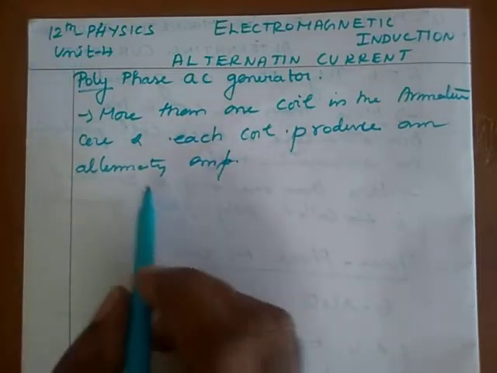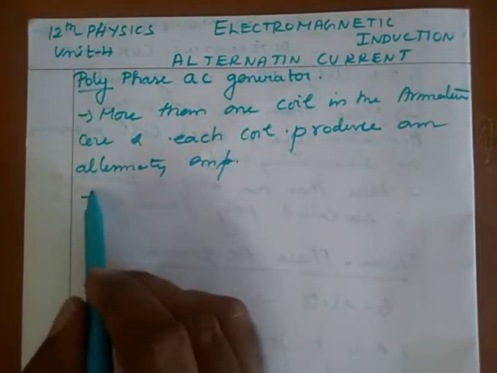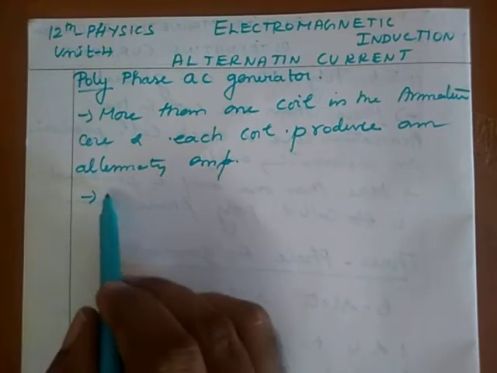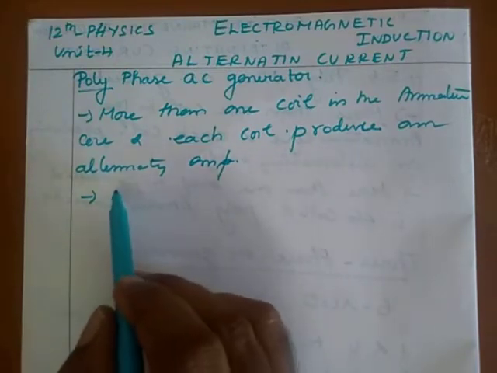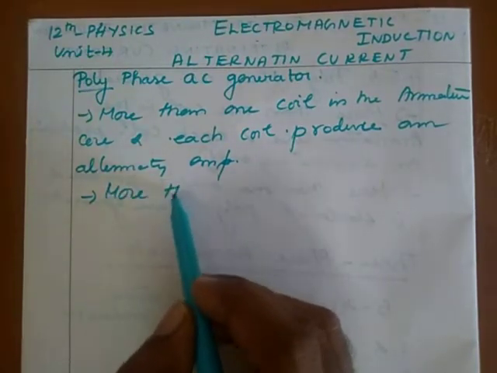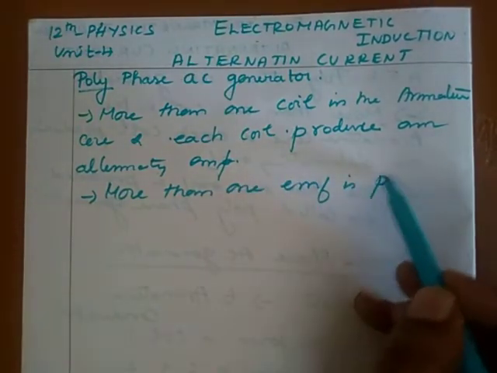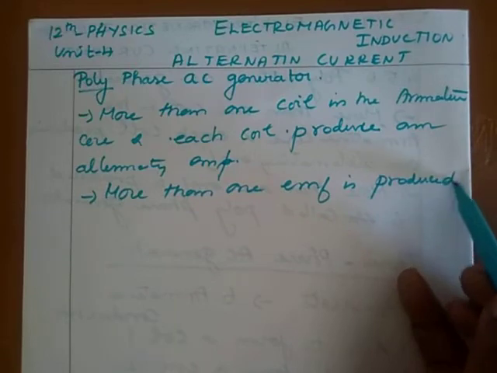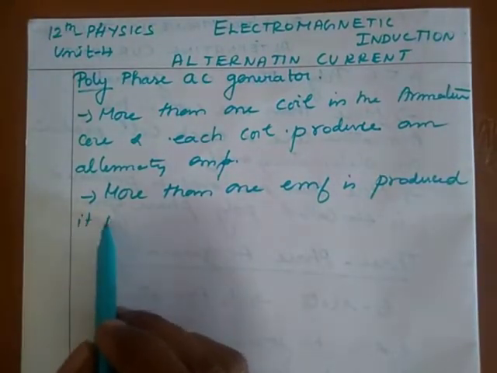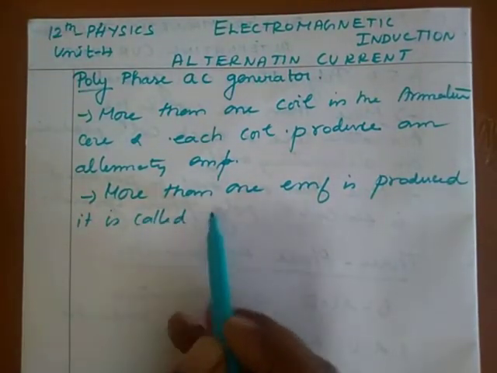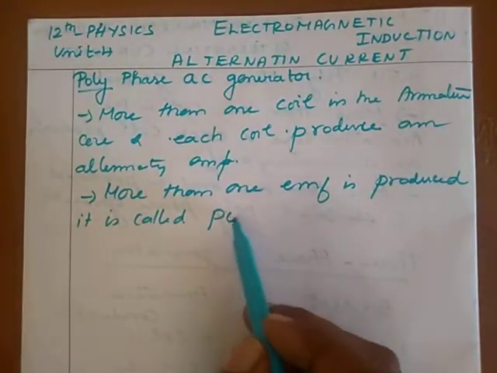Then more than one EMF is produced, so it is called a polyphase AC generator.